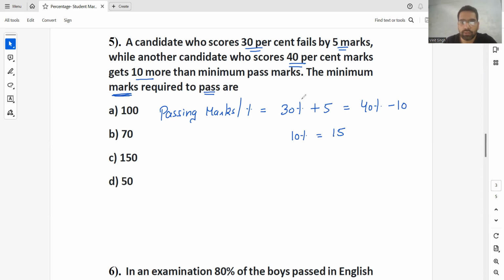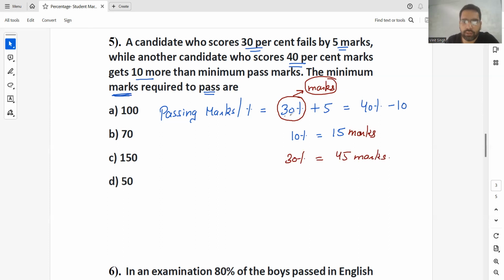Now, for the passing marks, we will convert this 30% into marks. If we convert this 30% into marks, then we will get the passing marks. 10% is equal to 50 marks. So 30% is equal to 45 marks.